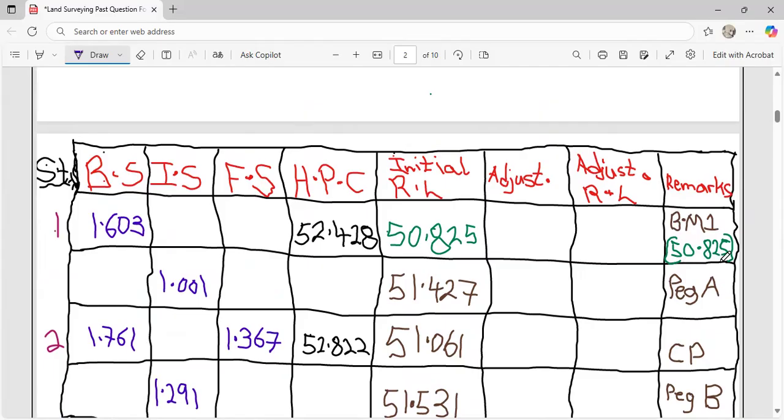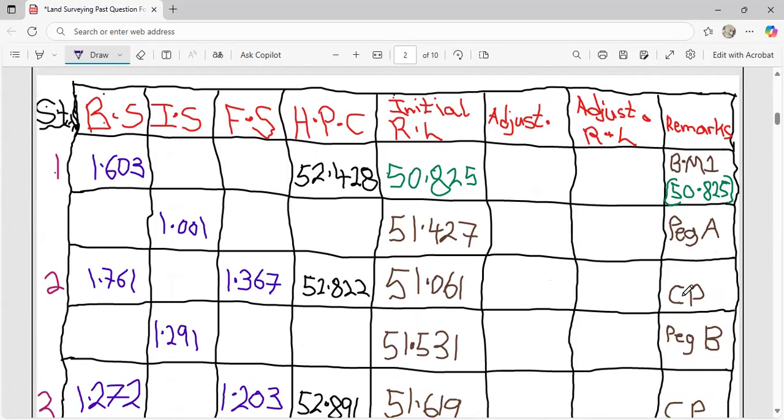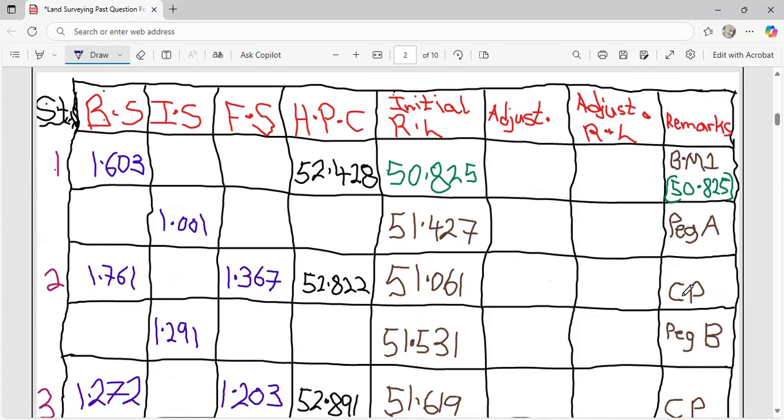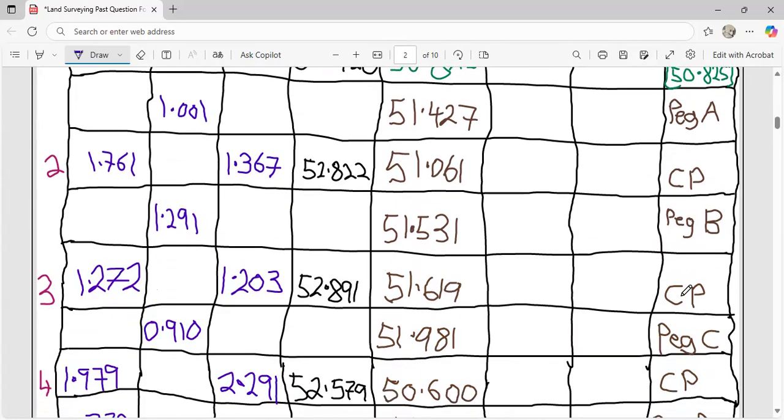And the first initial reduced level, which may always be provided, is 50.825, and this is spec A. The CP you see is a control point, and the control point is like the benchmark, but it also has an X and Y point. So also you have to know that every point has X, Y, Z, and Z is always the highest portion. You always have to also know that.